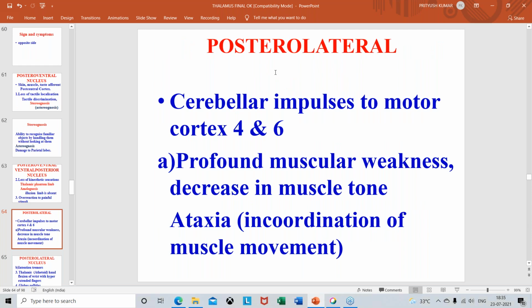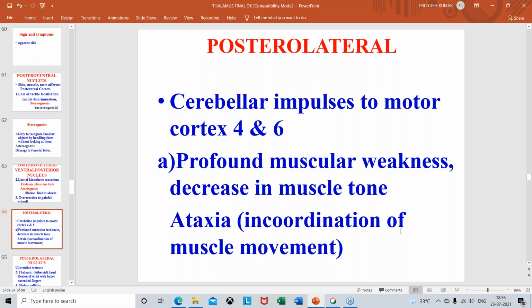In the case of the posterior lateral nucleus, which carries the cerebellar impulses to the motor cortex areas 4 and 6, there is profound muscular weakness, a decrease in muscle tone, and ataxia, which is an incoordination of muscle movement in terms of rate, range, force, direction, and time.